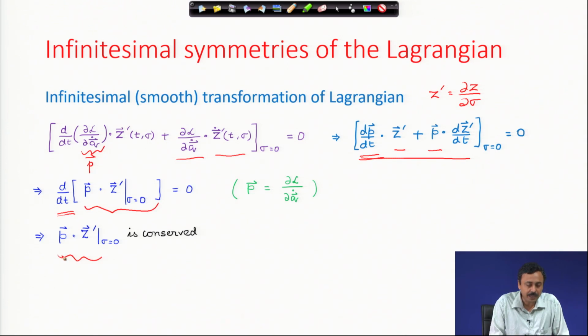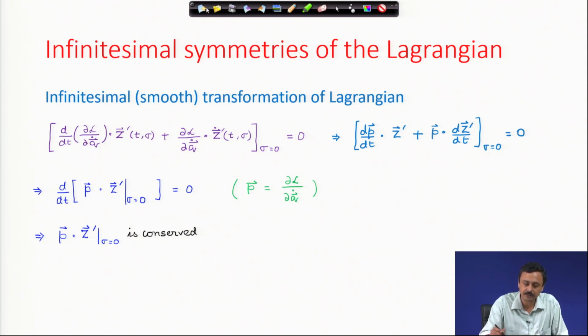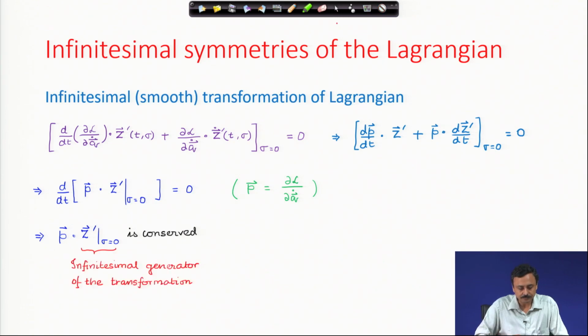Now, p is the generalized momentum dot z prime at sigma equal to 0. What z prime at sigma equal to 0 is, is something which we have to discuss a little further. This is known as the infinitesimal generator of that symmetry transformation.